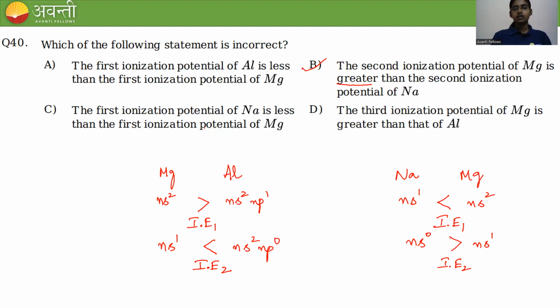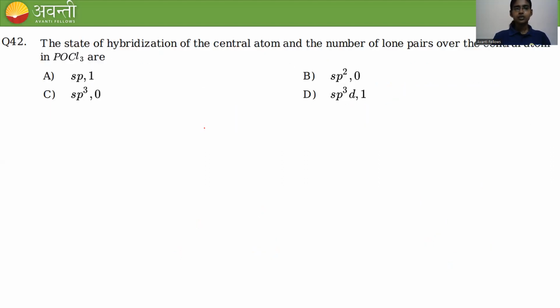Okay. Then moving on to the next question. Question number 42. The state of hybridization of the central atom and the number of lone pairs over the central atom in POCl3. So to solve this question, we need to draw the structure first. So it is P double bond O, Cl, Cl and Cl.